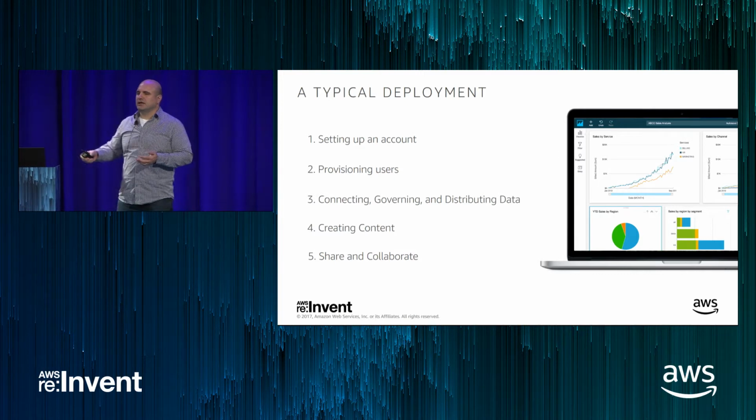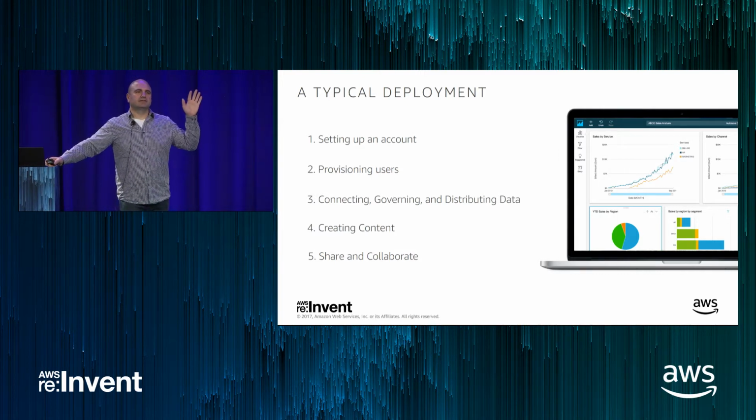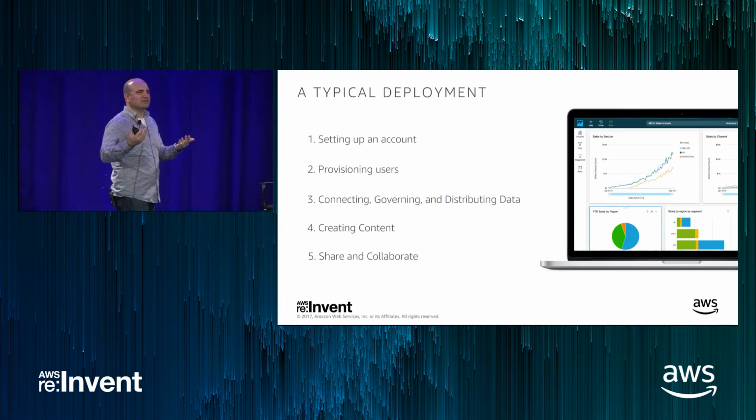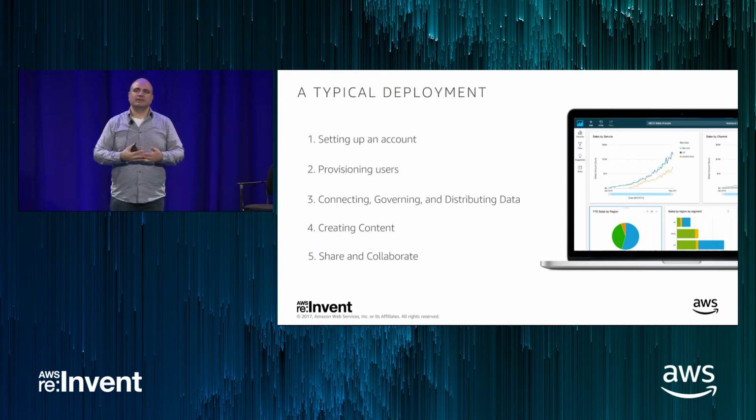So let's think about what a typical deployment might look like. The first question I have is, does anyone not have an AWS account in the audience today? Okay, so we're not going to cover how to set up an AWS account. Even though the end user, the person doing the analysis, doesn't need an AWS account, an administrator needs to go in and provision QuickSight and set up the basics, which is typically setting up the account.